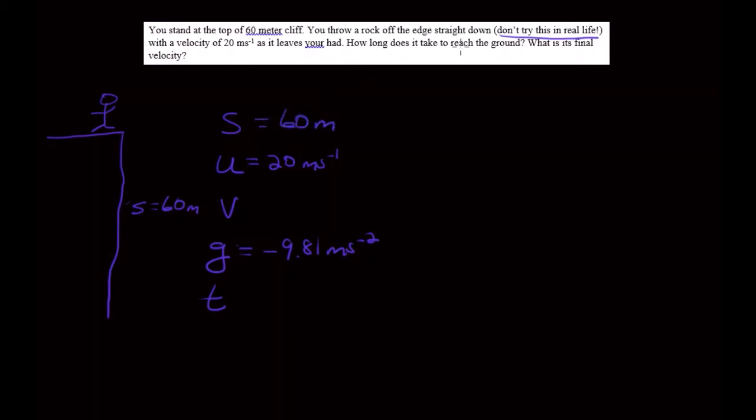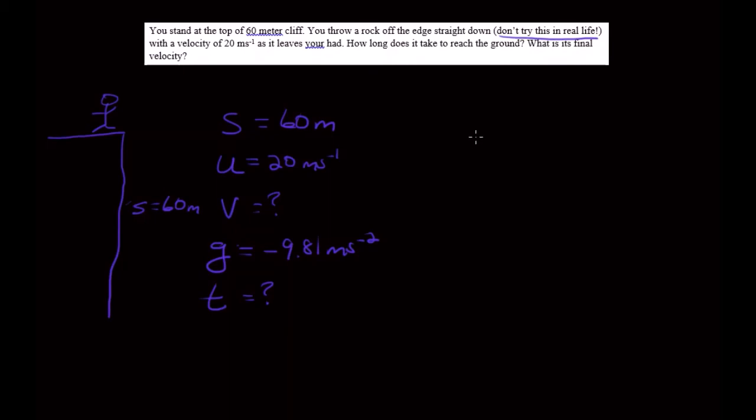Okay, so how long does it take to reach the ground? We don't know that. And what's its final velocity when it reaches the ground? To find these, let's do the final velocity first, just because that's going to be easiest from what I can figure out.